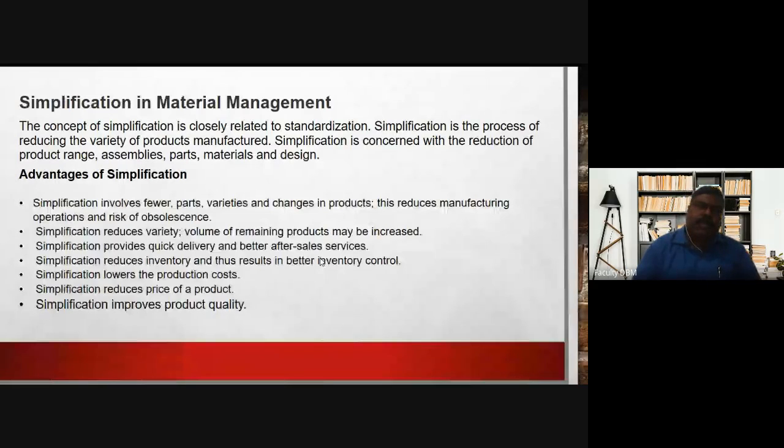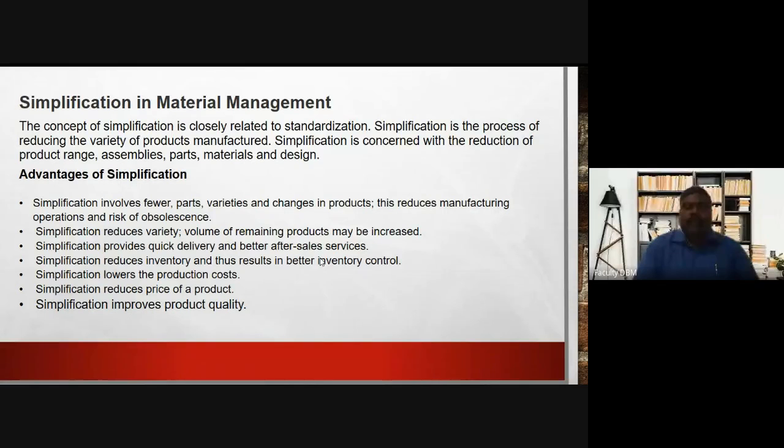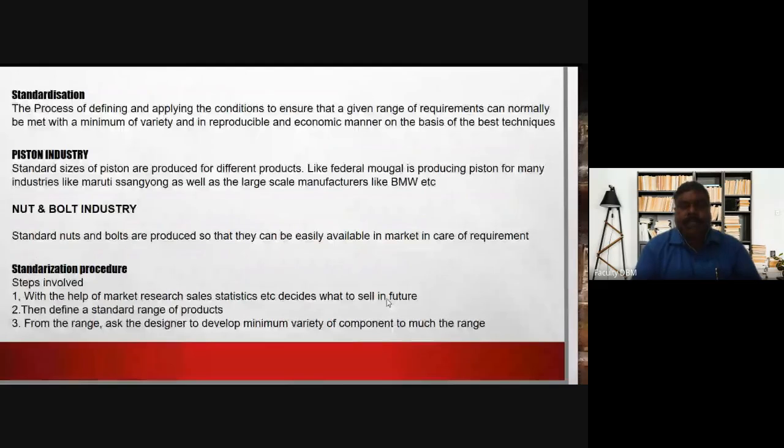So these are the advantages of simplification, which we need to do in order to reduce the range, assemblies, parts and materials. So this is simplification, and then next we have standardization.